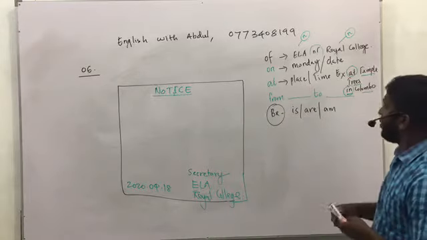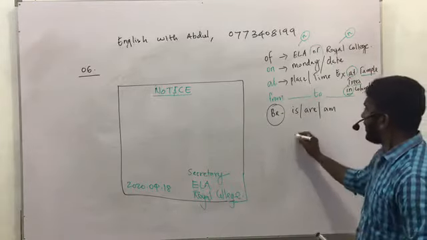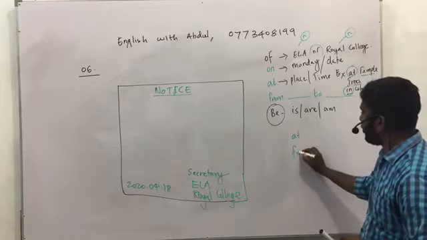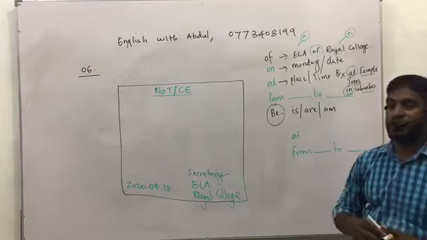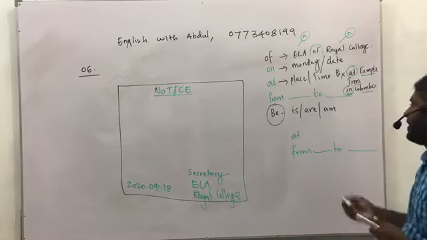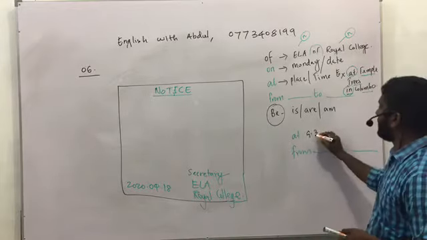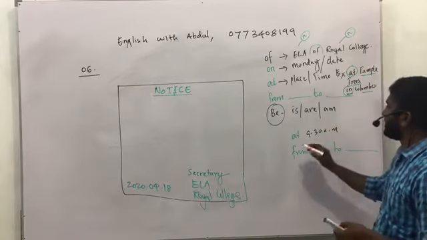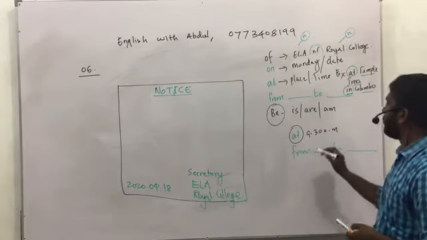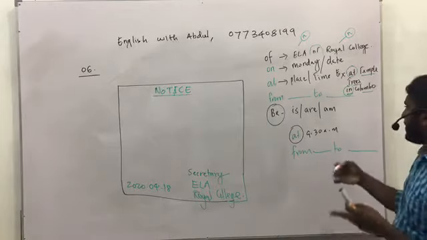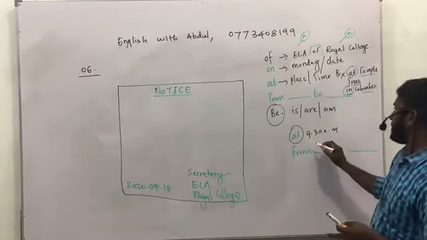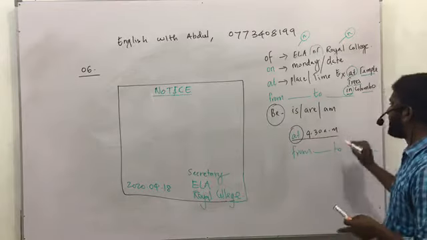But why do we want to use "at," and why do we want to use "from" and "to" when we write a time in a notice? My dear students, sometimes you may write "at 9:30 a.m." You can use this only if you want to mention that the program is going to start at 9:30 a.m.; that is enough.